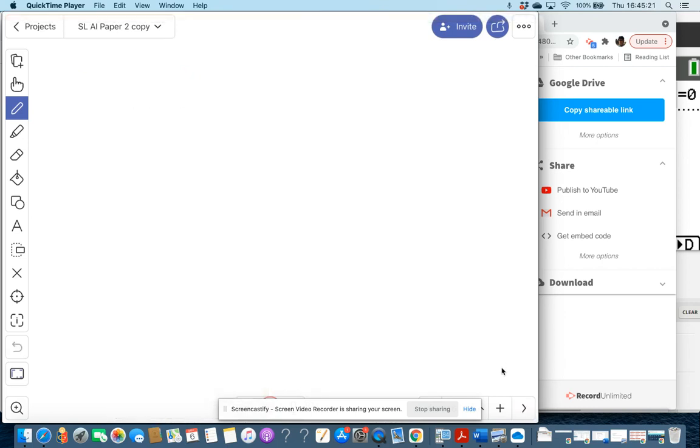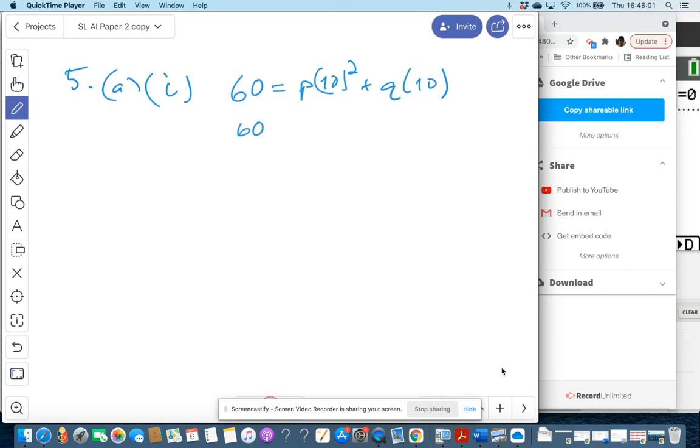All right, so that's AI. Again, I write that in my answer book. Okay, so write down the second equation. 60 is the stopping distance, 10 is the speed. Okay, so again, I'm going to do p times 10 squared plus q times 10 equals 60.